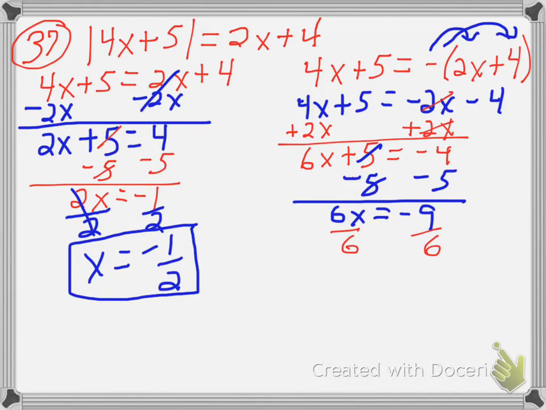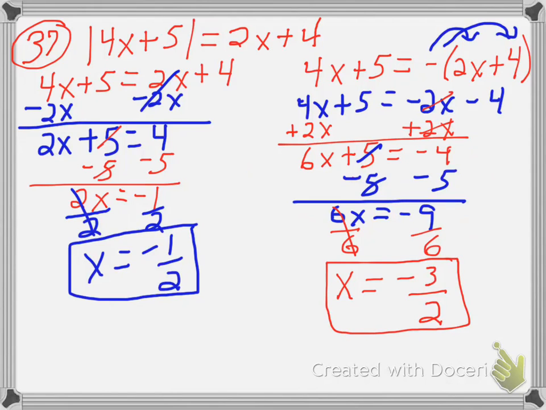The 6's cancel, leaves us with x equals, now negative 9 divided by 6, they both reduce by 3, so negative 9 divided by 3 is negative 3. 6 divided by 3 is 2. So that gives us x equals negative 3 over 2. That is our answer. So we've got x equals negative 1/2 and x equals negative 3/2.